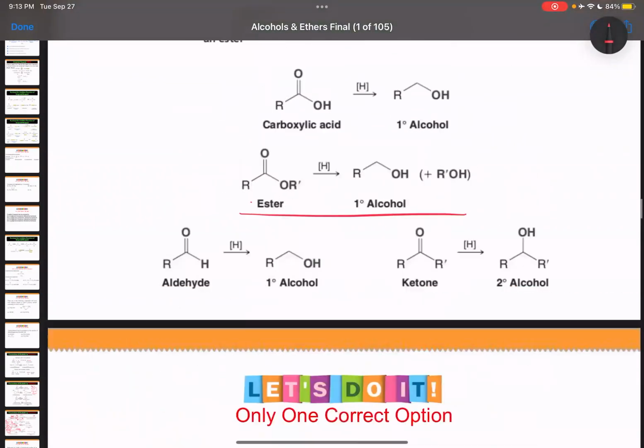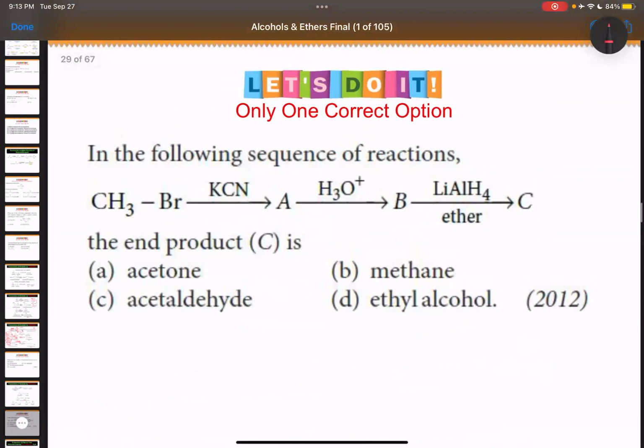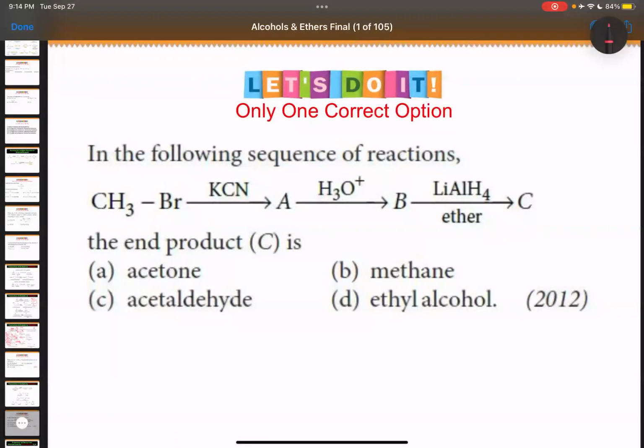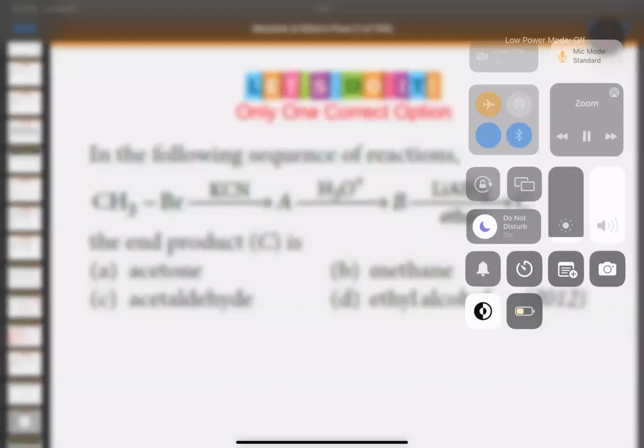So let's do this problem. This is part of it from the alkyl halide chapter, right?